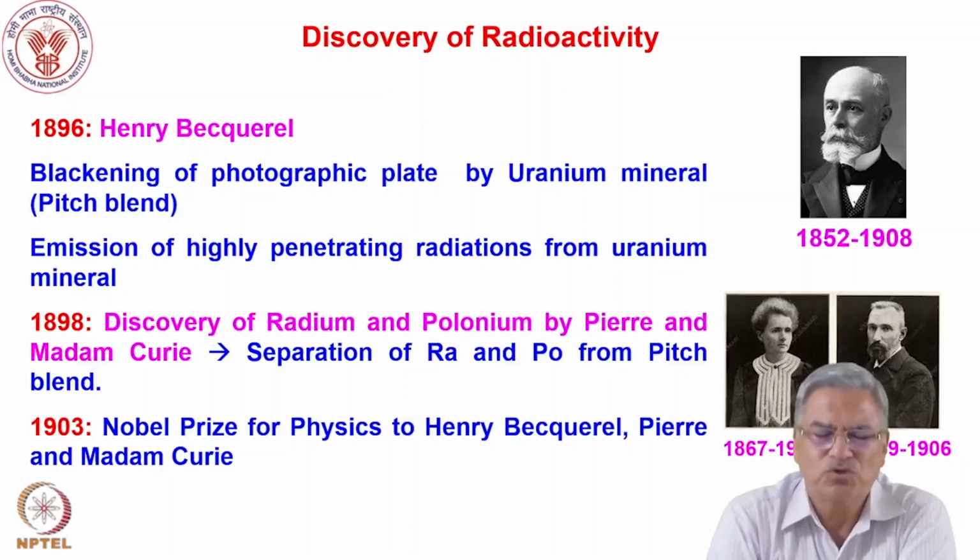We call it fluorescence. So, while studying the fluorescence of uranium compounds, Henri Becquerel observed that even the photographic plate, which was kept in the drawer inside, near a uranium mineral called pitchblende, so that there was no light coming from outside, was blackened.